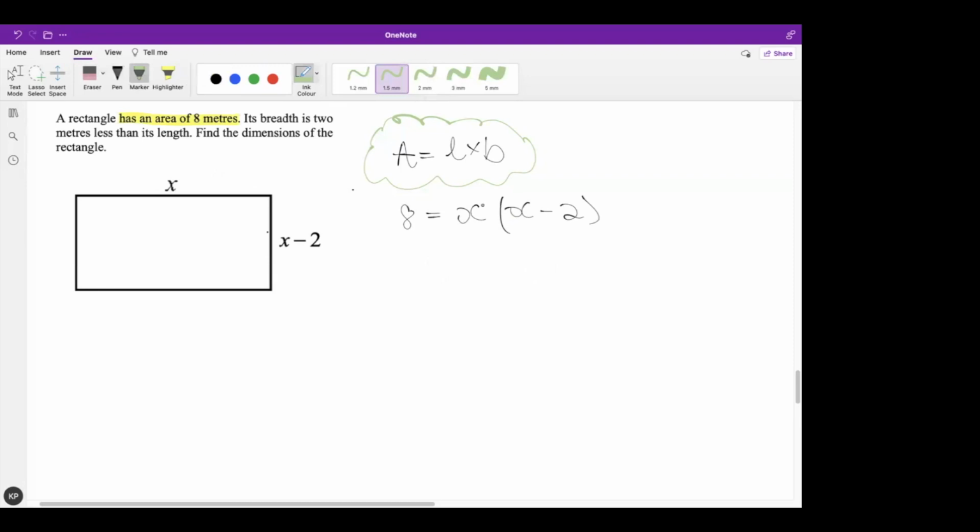What happens with this x and x minus 2? What do we do when we have brackets? We distribute. So 8 is equal to x squared minus 2x.